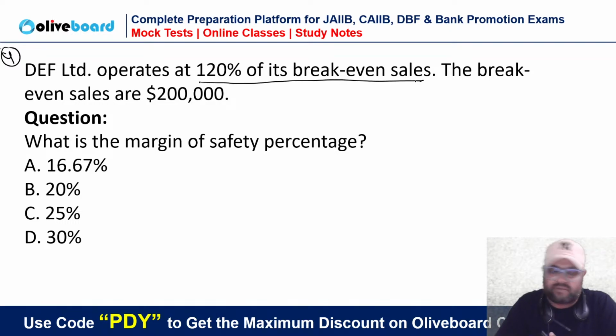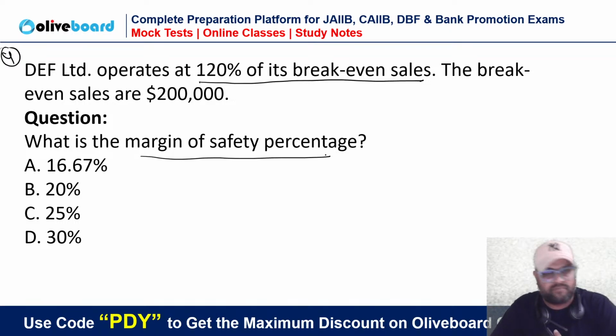Now in question number 4, there is a company, DEF Limited, which is operating at 120% of its break-even point. And a very good question to have. DEF Limited is operating at 120% of its break-even point. The break-even sales are 2 lakh. What is the margin of safety percentage in it? It's very simple.